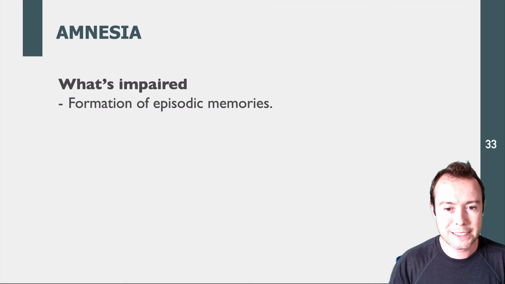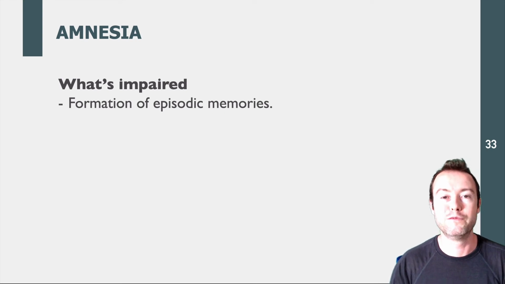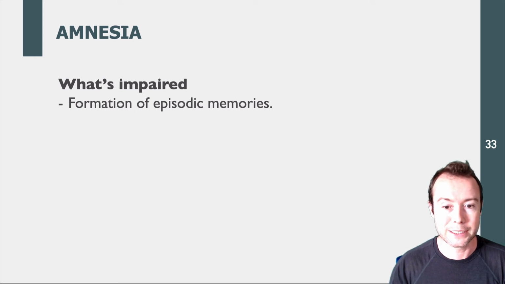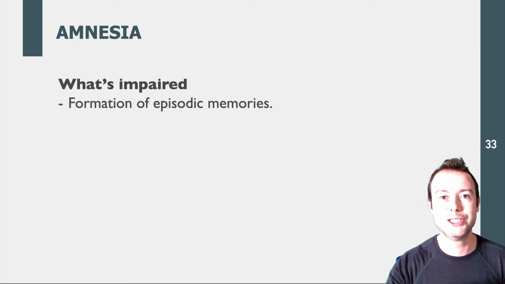So, what is impaired? In most amnesia patients, the main form of memory impairment is this inability to form new episodic memories. And much of this problem seems to stem from the fragility of their newly formed memories.